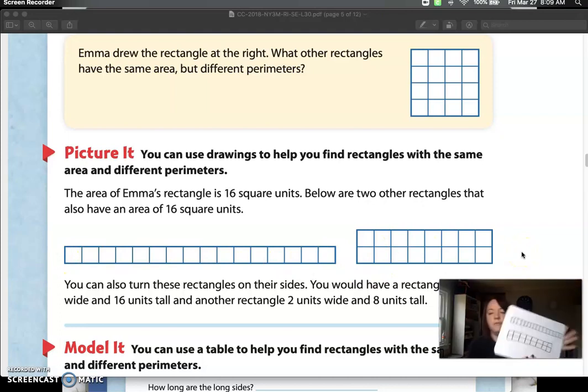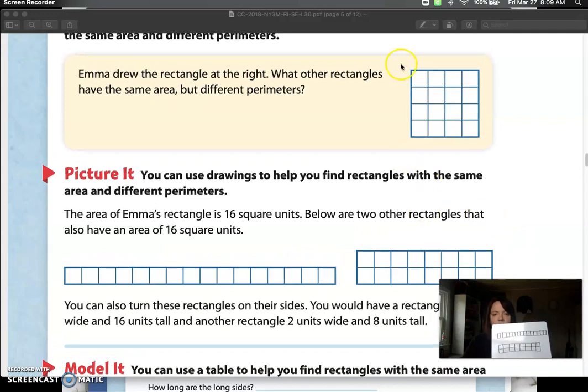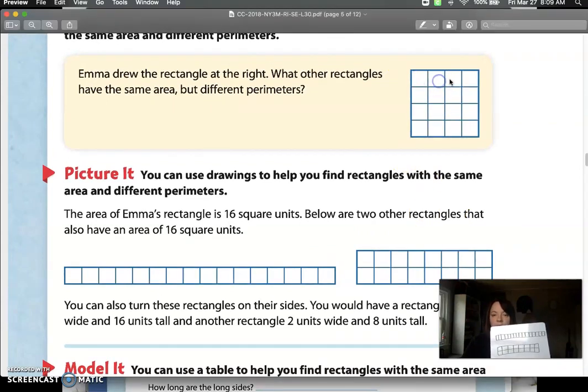Now, if we count them, we know that the top has, let's count. 1, 2, 3, 4, 5, 6, 7, 8, 9, 10, 11, 12, 13, 14, 15, 16. So we know it has 16 square units. Now, let's go back up here and look at this one. Counting again, there are 16.